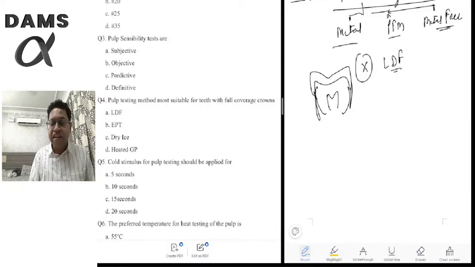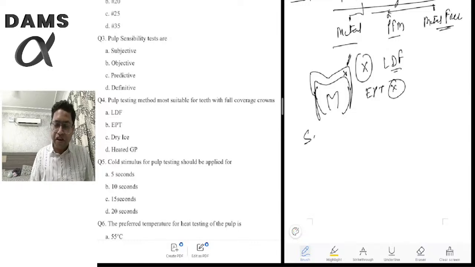Why? Because the laser light would not penetrate the thickness of these crowns and would not give accurate readings. Electric pulp tester also cannot be used in most of these situations because there is no tooth structure available to directly place the electric pulp tester and we cannot generate a response.